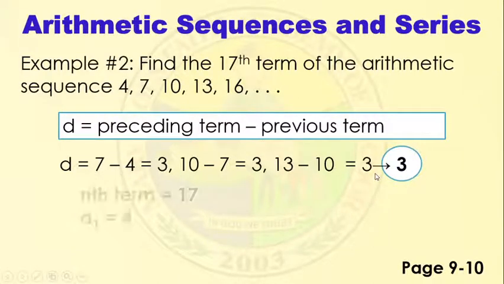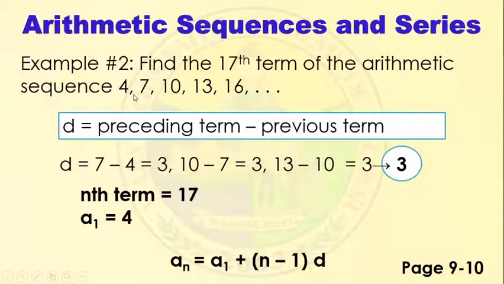Next, ang n term po natin is 17 kasi hinahanap po natin yung 17th term. Ang a sub 1 po natin or yung first term is given po sa ating sequence, which is 4. Next, substitute now the given values in our formula, a sub n equals the first term plus quantity n minus 1 times d.